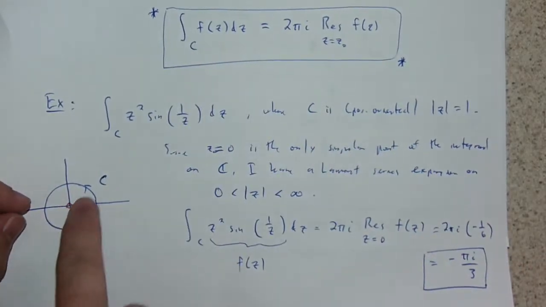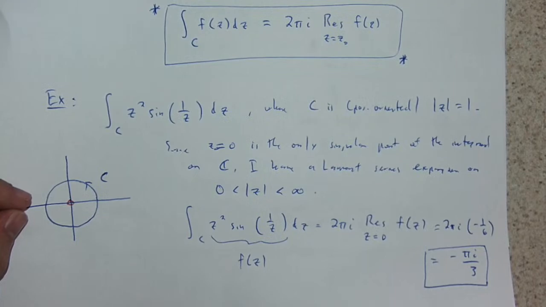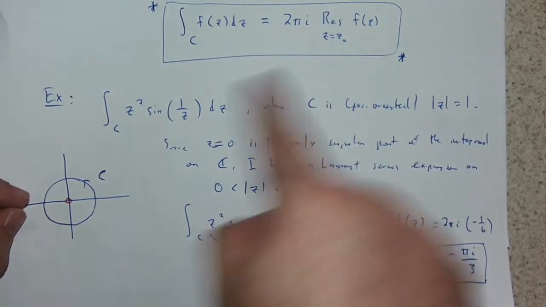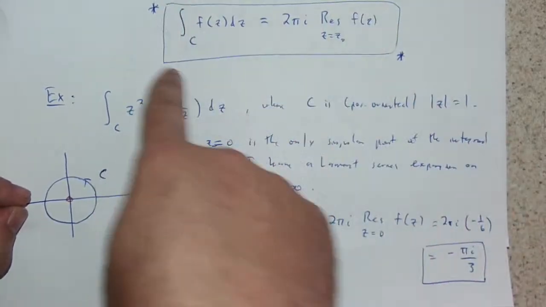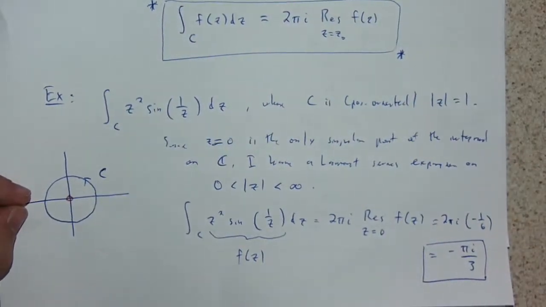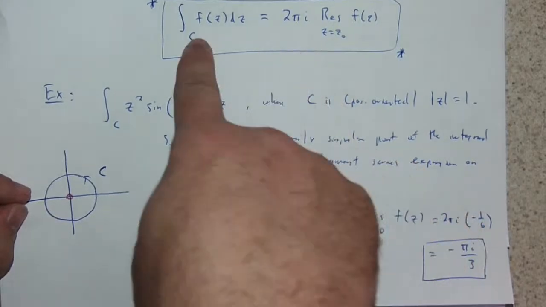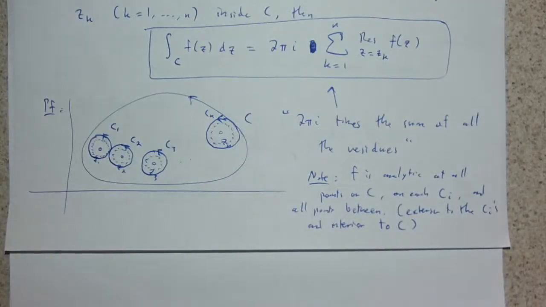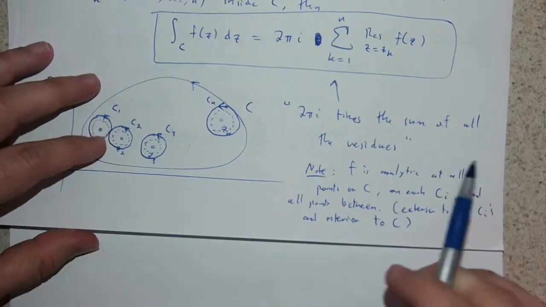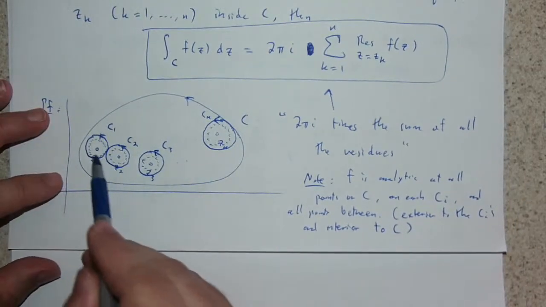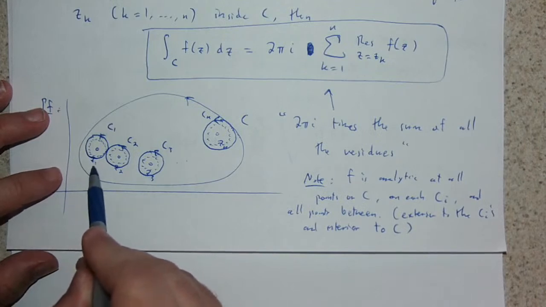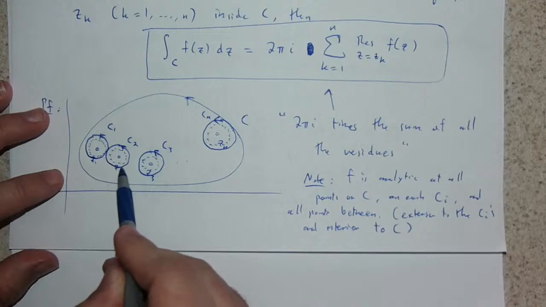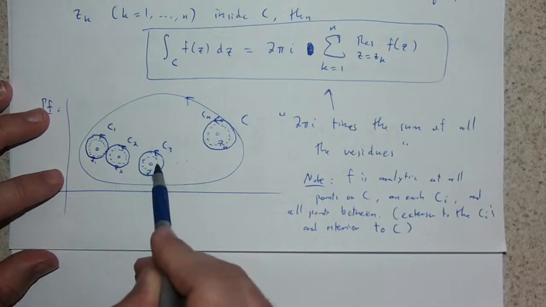Now we're in the case that we have a single circle around a single singular point, right? And so I can apply this fact that just immediately came out of Laurent's theorem, that is 2 pi i times the residue at that point. So the integral along C sub 1 is 2 pi i times the residue at z sub 1. The contour integral along C sub 2 is 2 pi i times the residue at z sub 2.